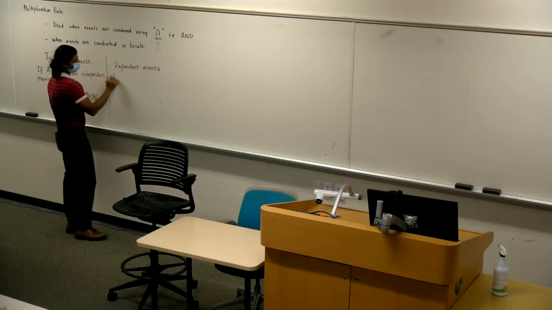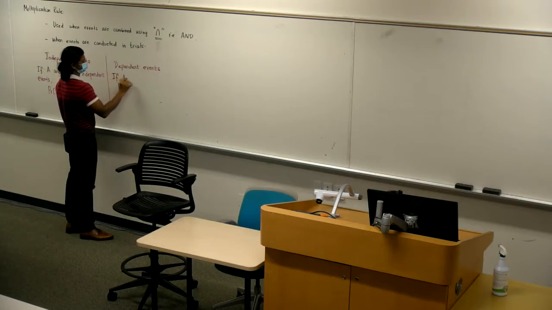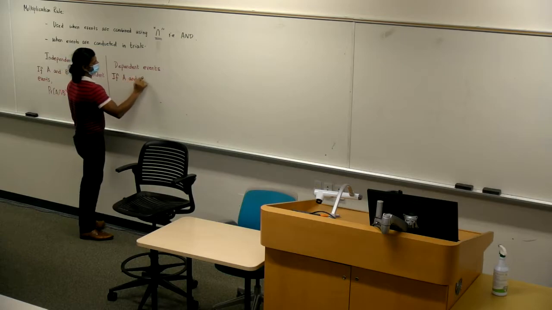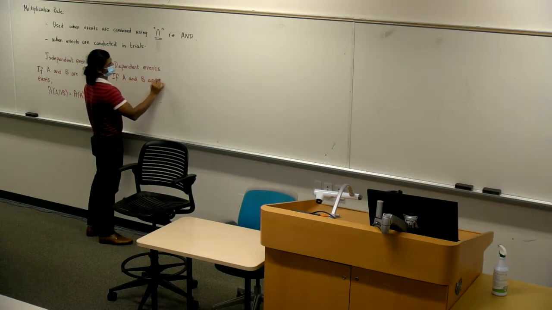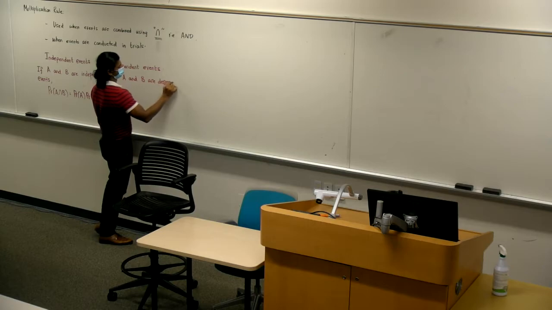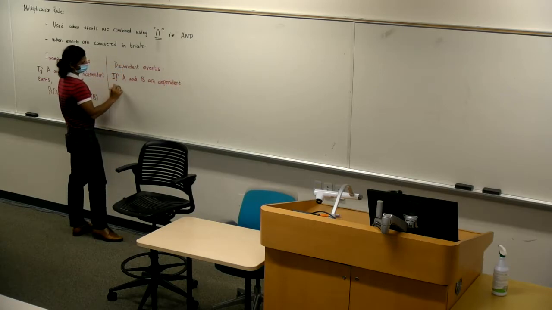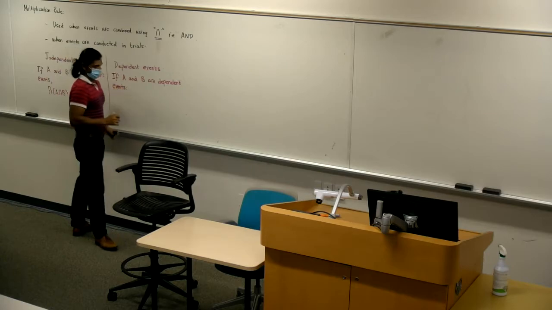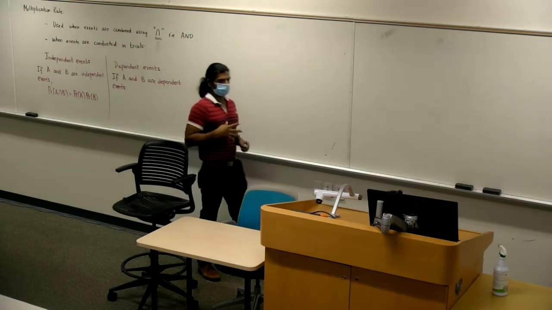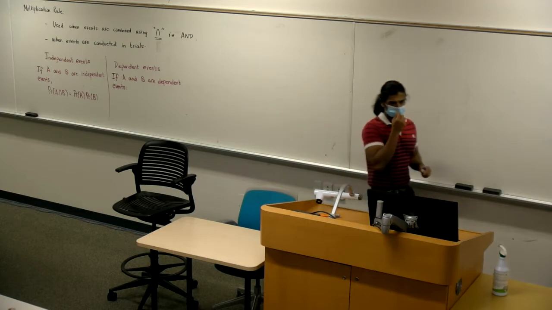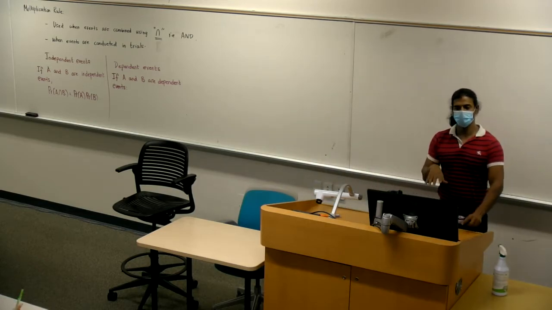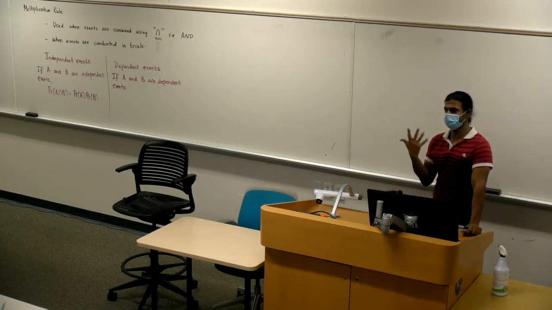If A and B are dependent events, I am going to state that there are two possibilities. What are the two?